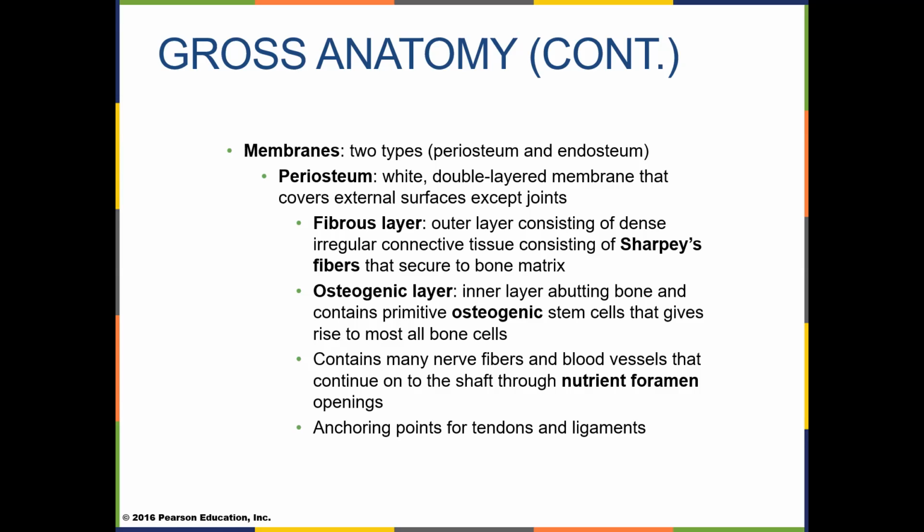In bone, we have one bone stem cell, the osteogenic stem cell, that will give us osteoclasts, osteoblasts. It will give us more osteogenic stem cells in here. So it will give rise to all the bone cells we need.